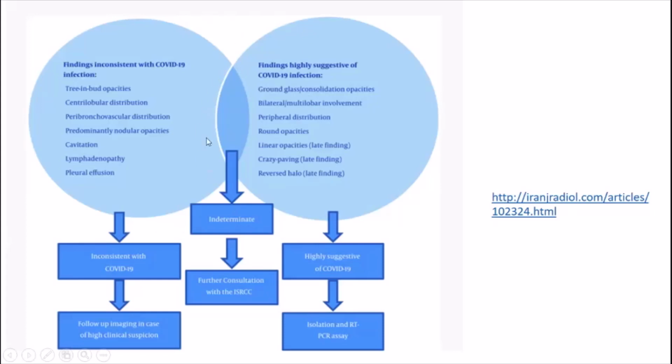Sometimes there's overlap, and in a couple of cases there will be an overlap, and then there should be consensus among radiologists, especially the more experienced radiologists. They can decide in such cases and discuss with the clinicians also. If the patient has highly suggestive COVID-19 findings on their CT, isolation until their PCR is done to confirm. So this is good to triage patients.